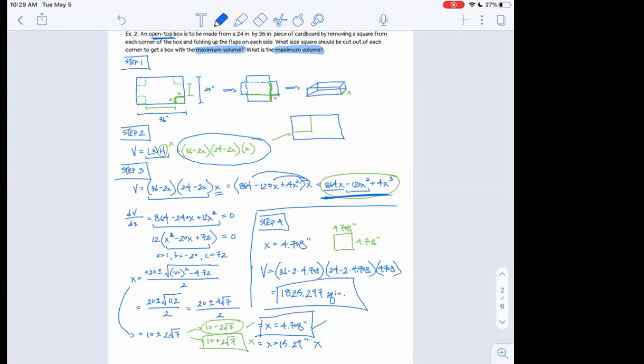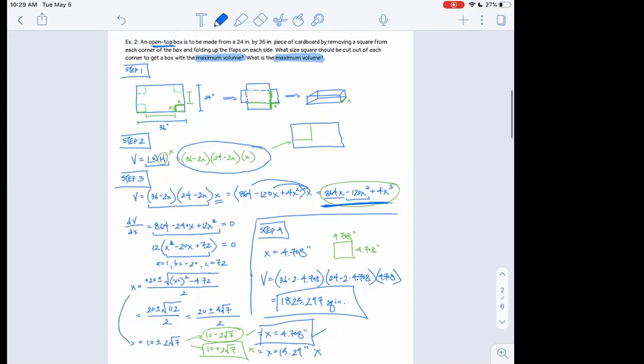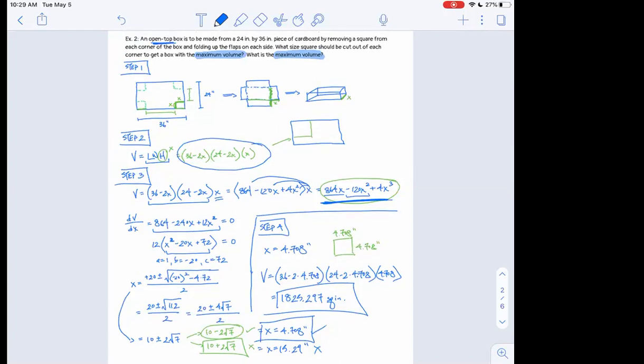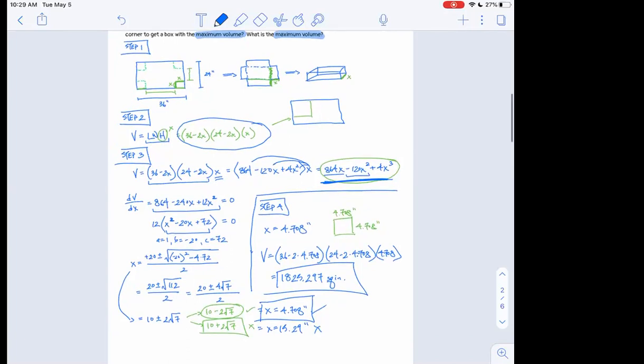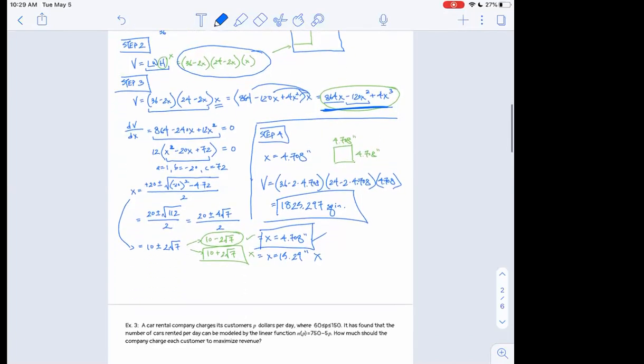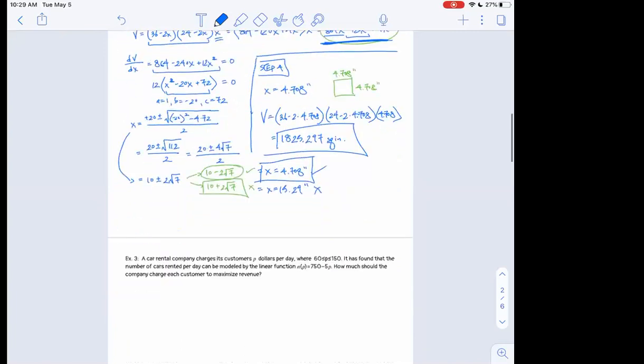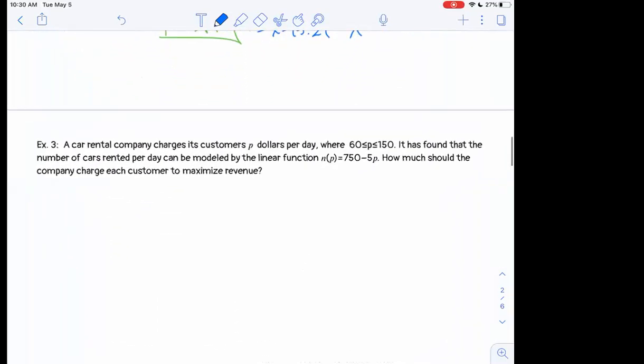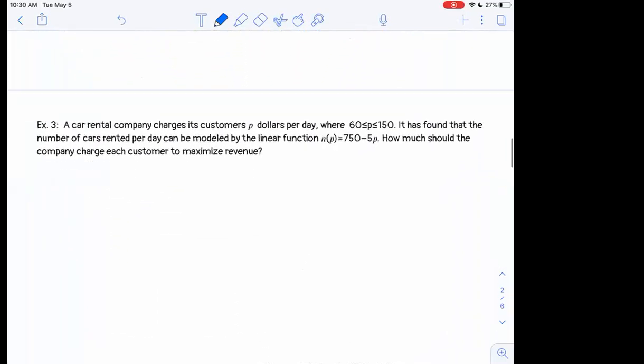Then from there, we take our derivative, we set it equal to 0, and we solve. All right, let's go ahead and do one more question, and then we'll take a break. Let's take a look at question number 3.